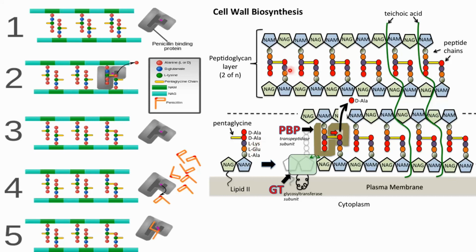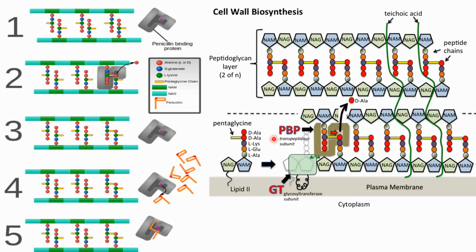Basically when these two cross link, it provides strength to both sides of the peptidoglycan layer. Here you can see these two are the peptidoglycan layers, and these are the peptide chains. So the red color indicates alanine, and the dark purple color is lysine. When this alanine and lysine cross link with each other, they give us strength.